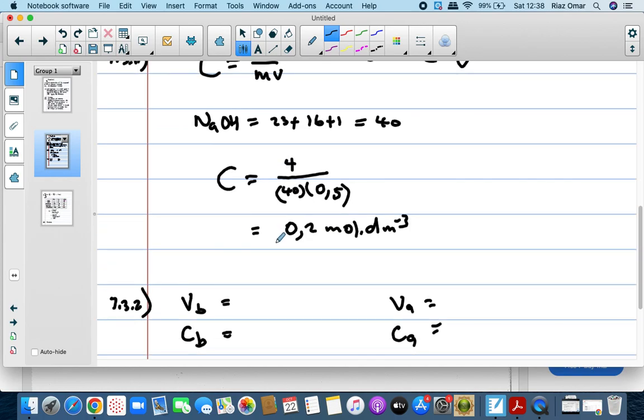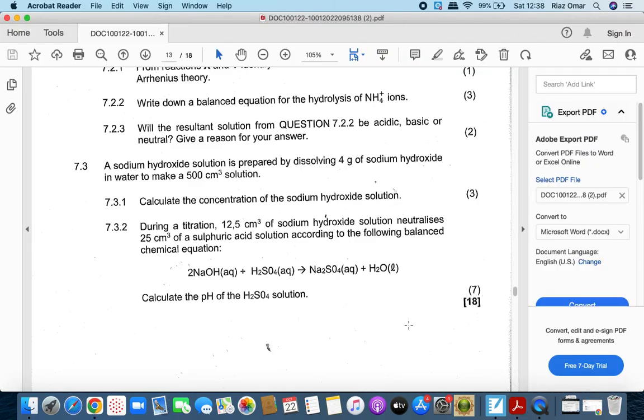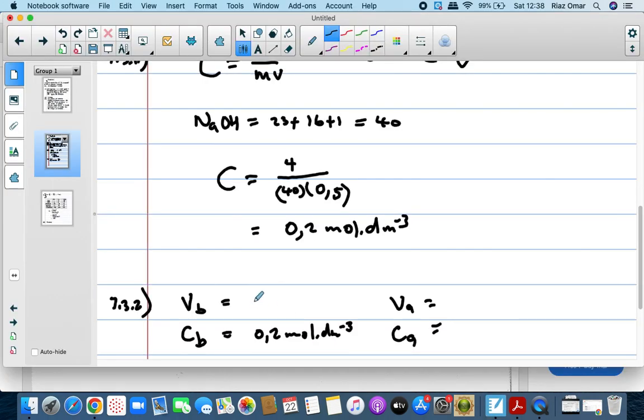Sodium hydroxide is a base, so the concentration of your base will be 0.2 mole per dm cube. And they told us the volume of the base, 12.5 centimeters cube of sodium hydroxide, so you can write 12.5 here.